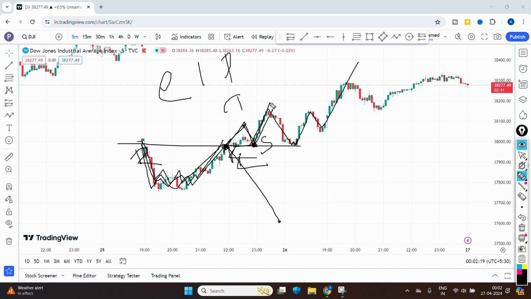And the market just did this. The market went upside, came downside again, and went upside again. Now these were two levels. We were expecting this level to take resistance again, but what you should look for in the additional case is these two lows. The market was shifting into a higher low formation.